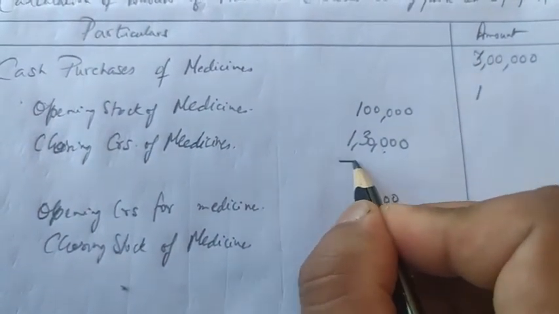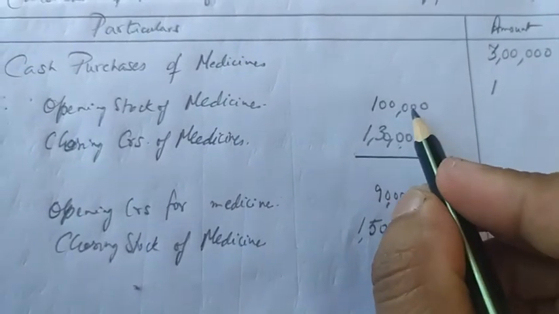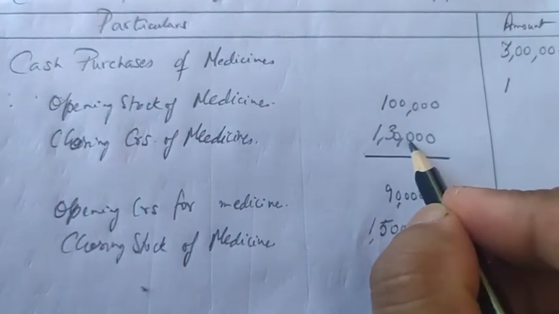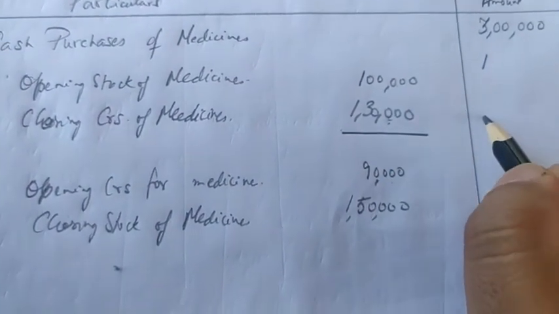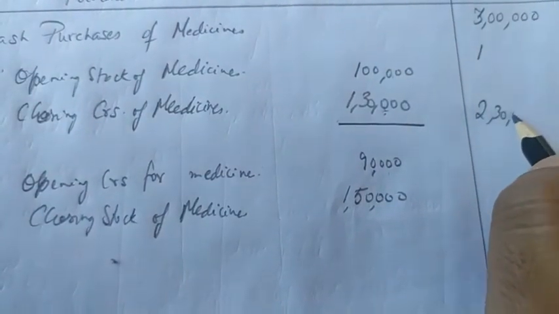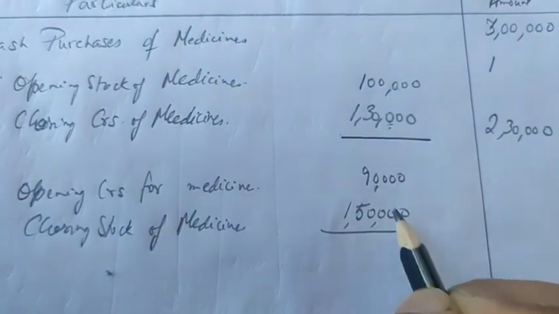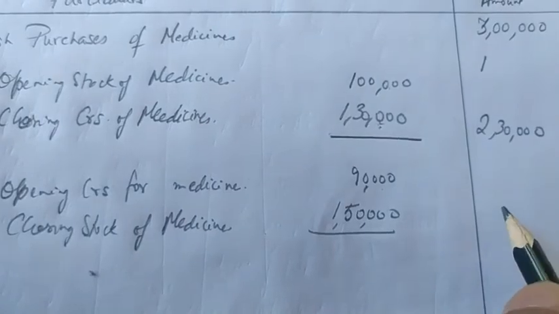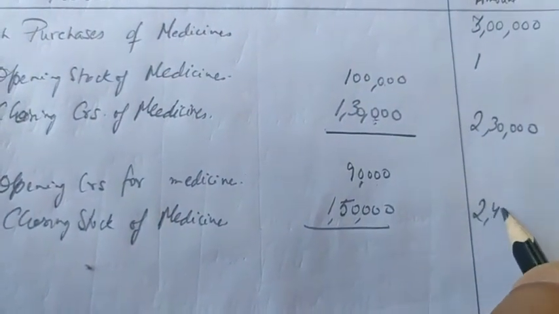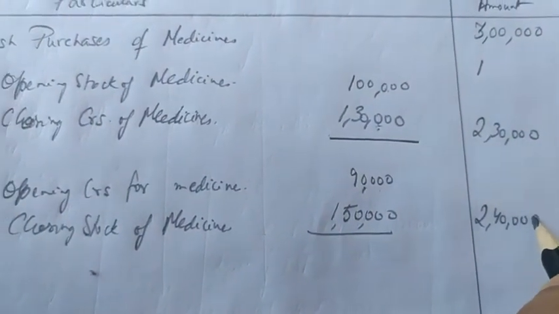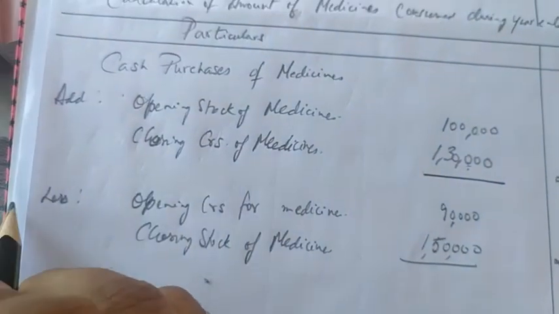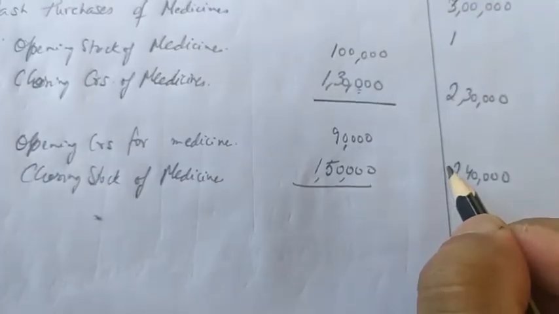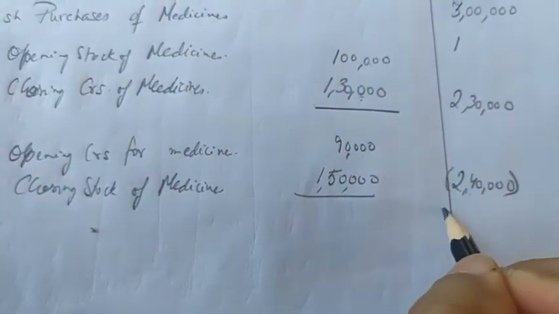So in this case, you may total these two amounts, which is 2,30,000. At the same time, we'll total these two, which will come to 2,50,000. But mind it, this amount is less, so I have to use it for subtracting.